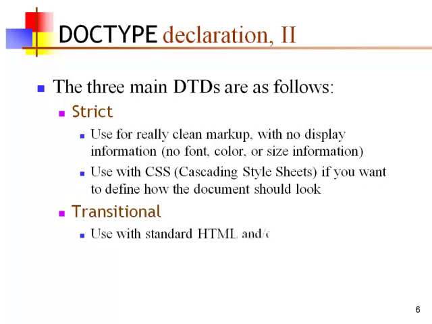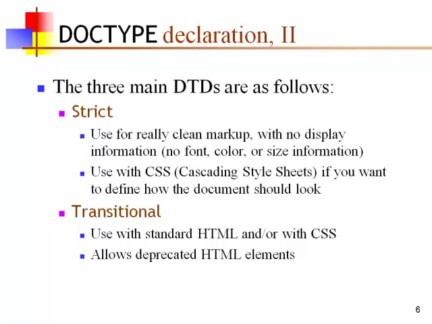Next is transitional. Where do we use transitional? If you want to use standard HTML or with CSS, in both ways we can use transitional. Anyway, I'll better explain when I do practical sessions.